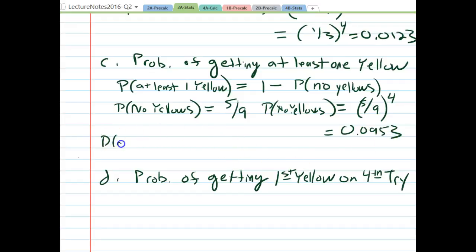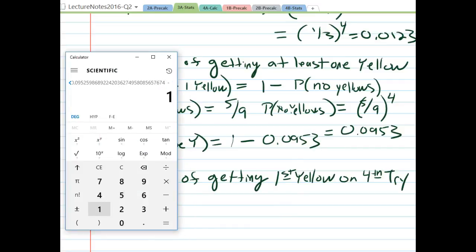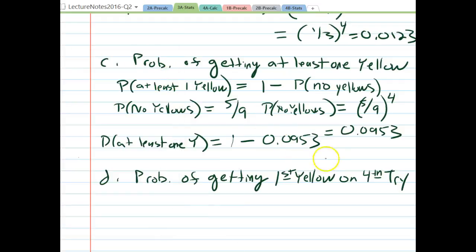That means the probability of at least 1 yellow is going to be 1 minus that probability. 1 minus 0.0953, so I've got about 0.905, or about a 91% chance of getting at least 1 yellow out of 4 different pulls.